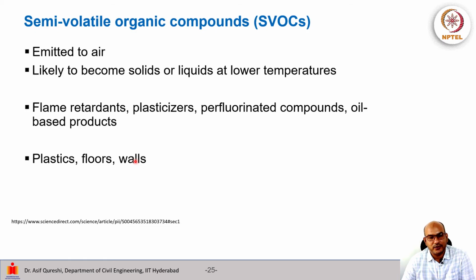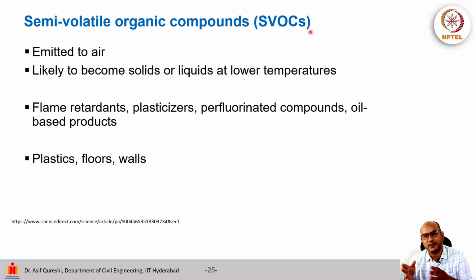Then after VOCs, we have SVOCs, which are the semi-volatile organic compounds. So these compounds are emitted to air and they are likely to become solids and liquids as the temperature is low. So if they are emitted through high temperature applications, then they will actually become solids or liquids.